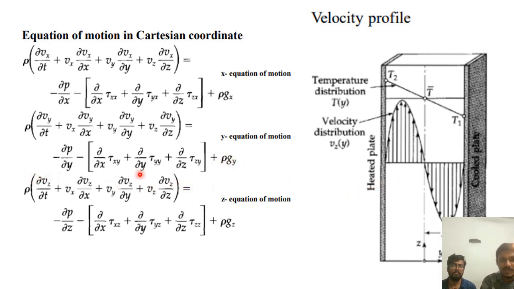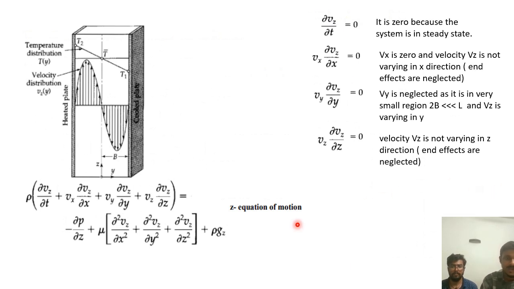Therefore we will be considering only this z equation of motion. In this z equation of motion, we will be substituting tau xz using Newton's law. Substituting it here, we will get this equation.